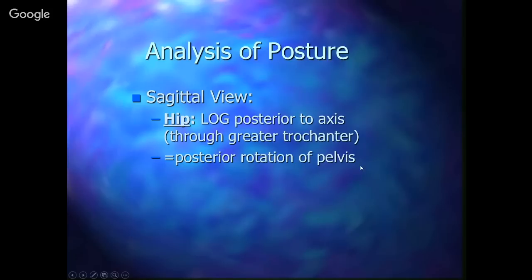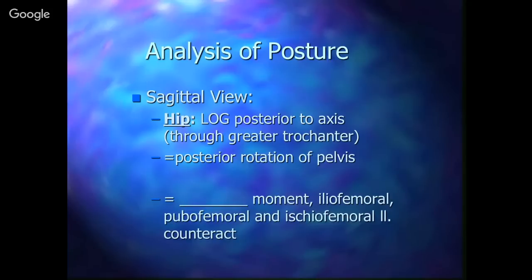Guess what? Posterior rotation of the pelvis equals hip extension. So if you're fixed and you posteriorly rotate your pelvis, you're essentially extending the hip. But it's called posterior rotation of the pelvis and not hip extension because your femur didn't move. It's just what bone is moving on what.